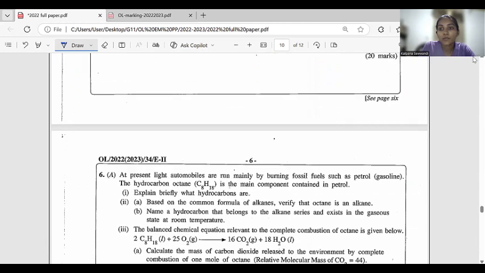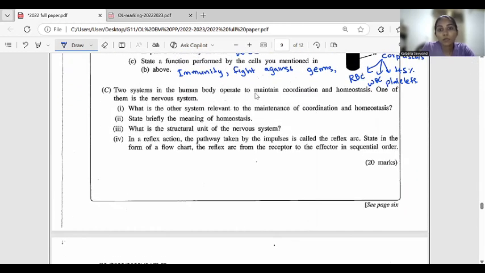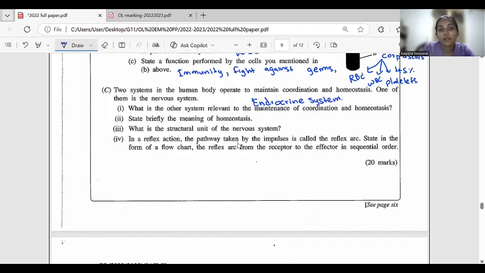The next question, part C. Two systems in the human body operate to maintain coordination and homeostasis. One is the nervous system. What is the other system? There are two coordinations, nervous coordination and chemical coordination. Chemical coordination is done by the endocrine system. So the answer should be endocrine system. State briefly the meaning of homeostasis.